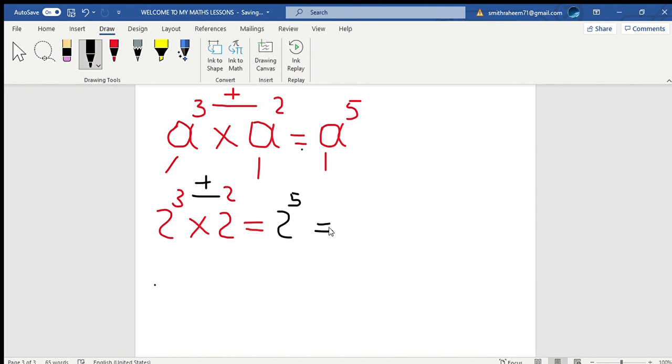Remember in the first example we said that when you see a small number here at the top, it should be telling you how many times you should multiply the 2 by itself. Alright, so it should be 2 to the power of 5, meaning that you're gonna multiply 2 by itself 5 times.